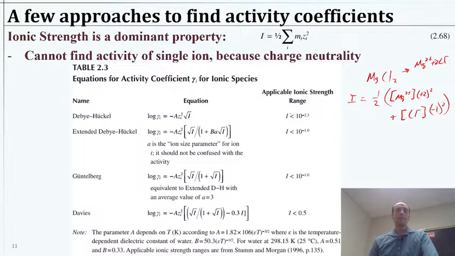We can see that this equation is valid for ionic strengths less than 10 to the minus 2.3. We can do the extended one, which gets us valid anywhere under ionic strength of 10 to the minus 1. And then the Guntelberg has a similar range, a different approach a little bit. And then we can go a little higher with the Davies equation.